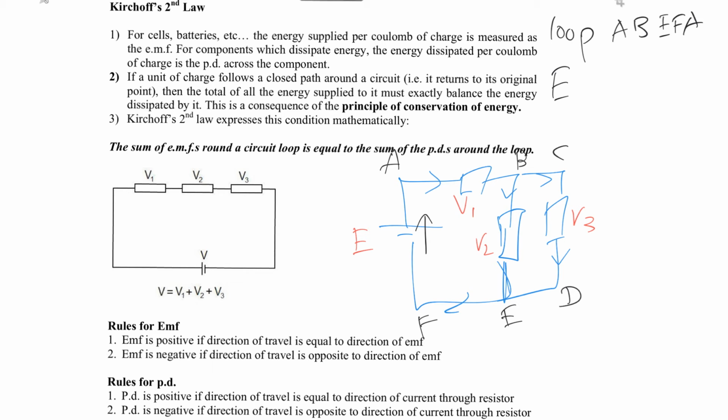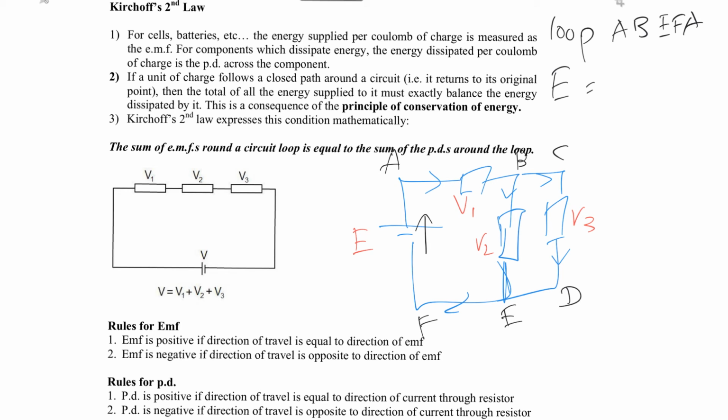Equals to, now, the PD. If I'm moving this way, I must look at the current. That means I must find the PD here and the PD here. In this loop, can you see there are two resistors? So what is the PD here? My travel is this way, A to B to E to F to A, and the current through this resistor is also to the right.